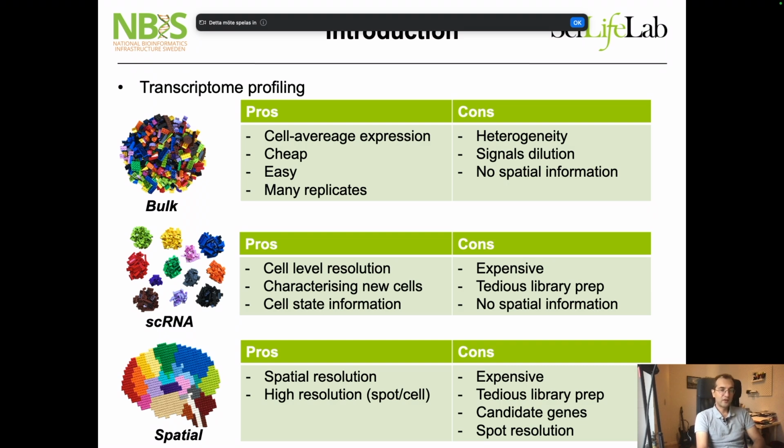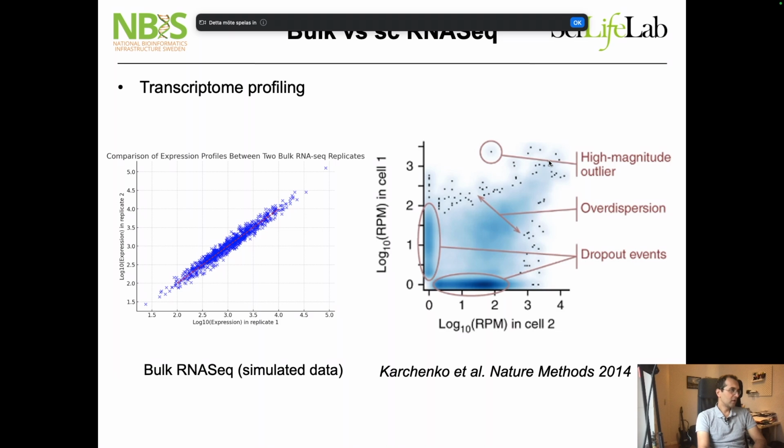Similar to single-cell RNA-seq, it is expensive. You have tedious library prep, and you have custom gene sets. I mean, you cannot characterize the full transcriptome if you are, for example, using Xenium. But with Visium, you can go for the full transcriptome. And in that case, you have a spot resolution.